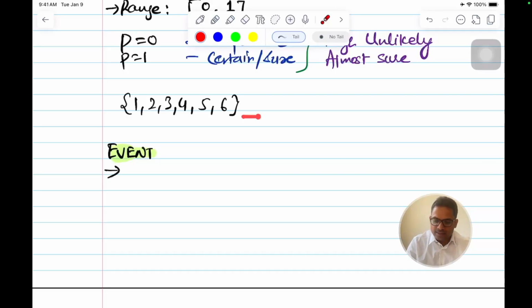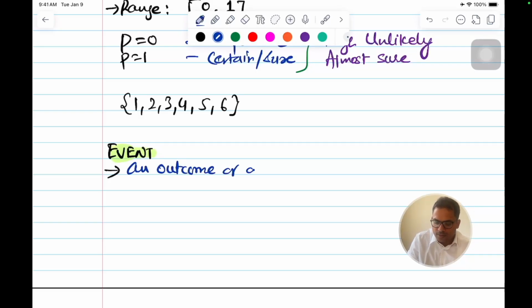These are my events, whether I can get a 1 or a 2 or a 3 or a 4 or a 5 or a 6, any one of them. So to define formally, an event is an outcome or a set of outcomes that is possible, outcomes of an experiment.